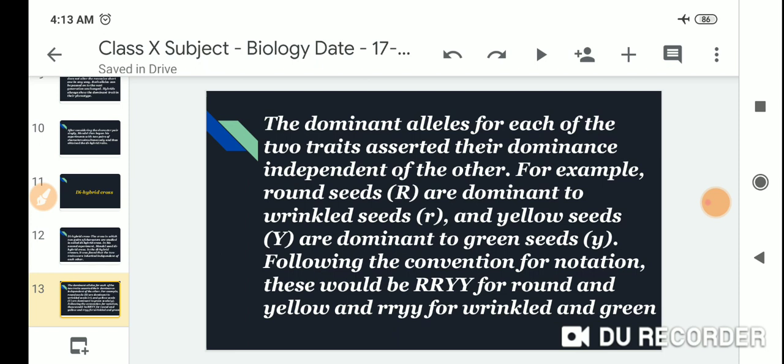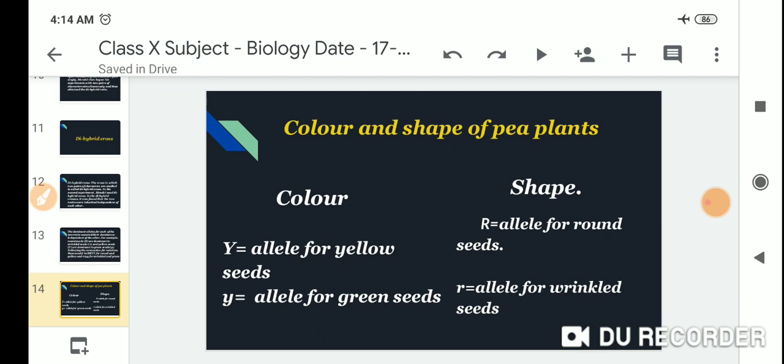Following the convention for notations, these are denoted by capital R and capital Y for round and yellow, and small r and small y for wrinkled and green. So, color and shape of the pea plant: capital Y allele is for yellow seeds and small y allele is for green seeds, and for shape, capital R allele is for round seeds and small r allele is for wrinkled seeds.